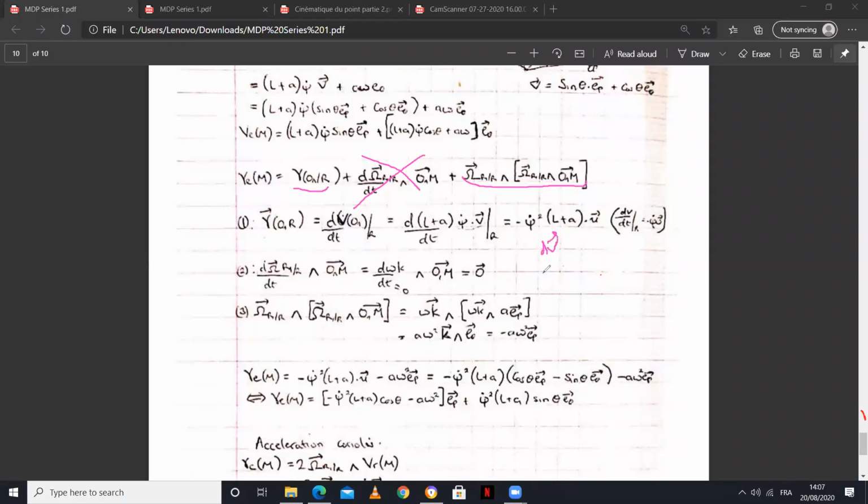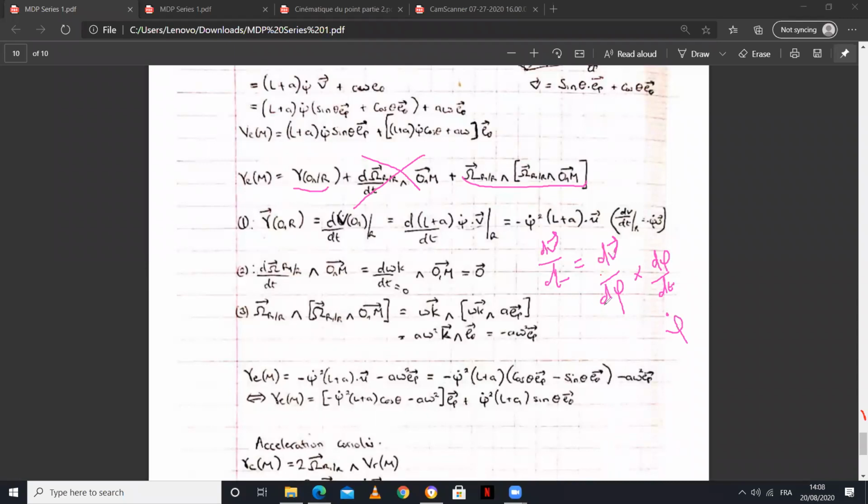The derivative of V is still going to be the same principle we did for U. It's going to be dV/dt equal to dV/dφ, the angle we're working with was φ, multiplied by dφ/dt. dφ/dt is equal to φ point.